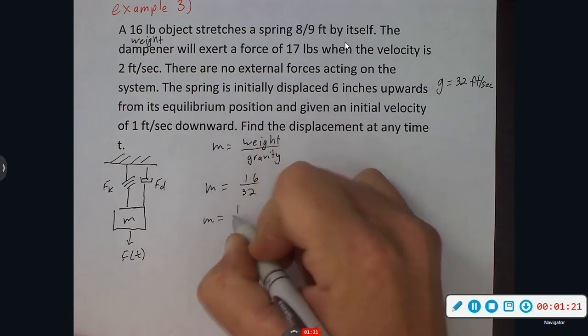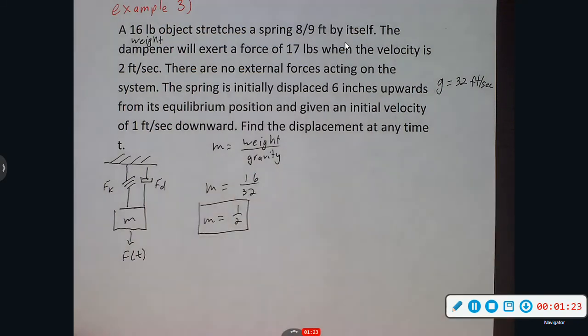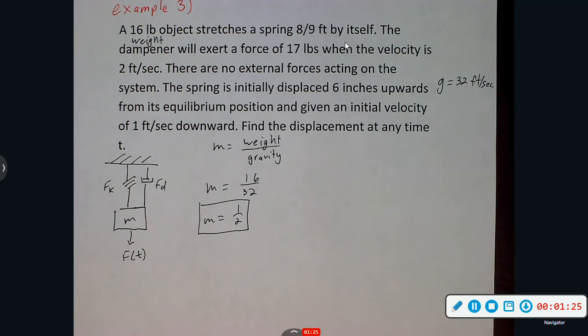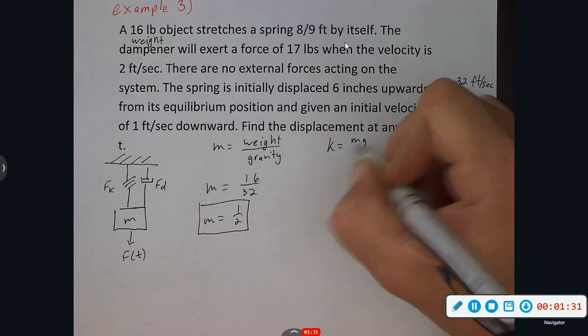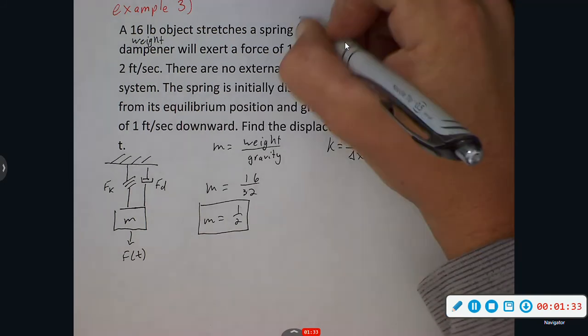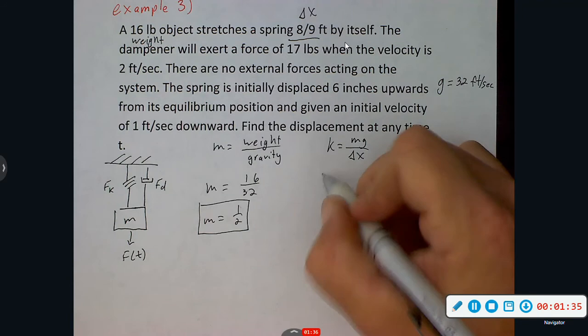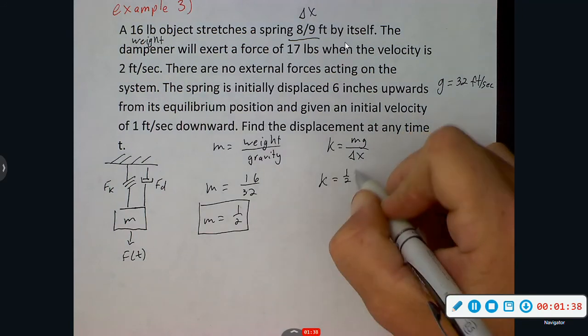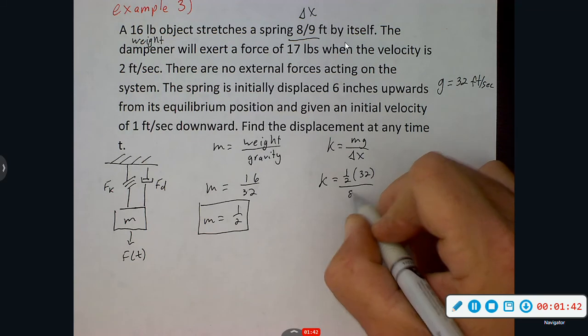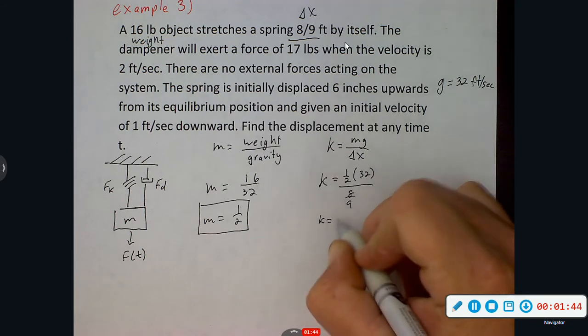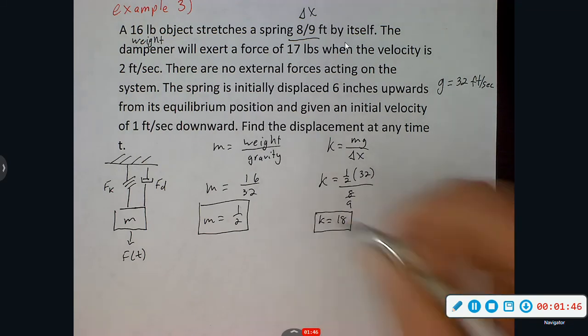Mass is 1/2. Next thing, K is equal to mg over our change in x. This is our change in x. And again, we've done this one before. That's 18.